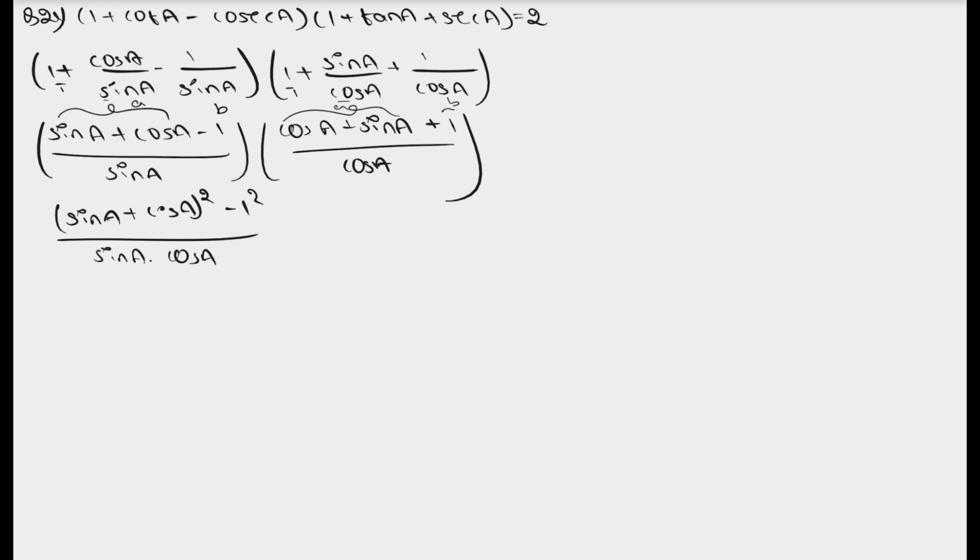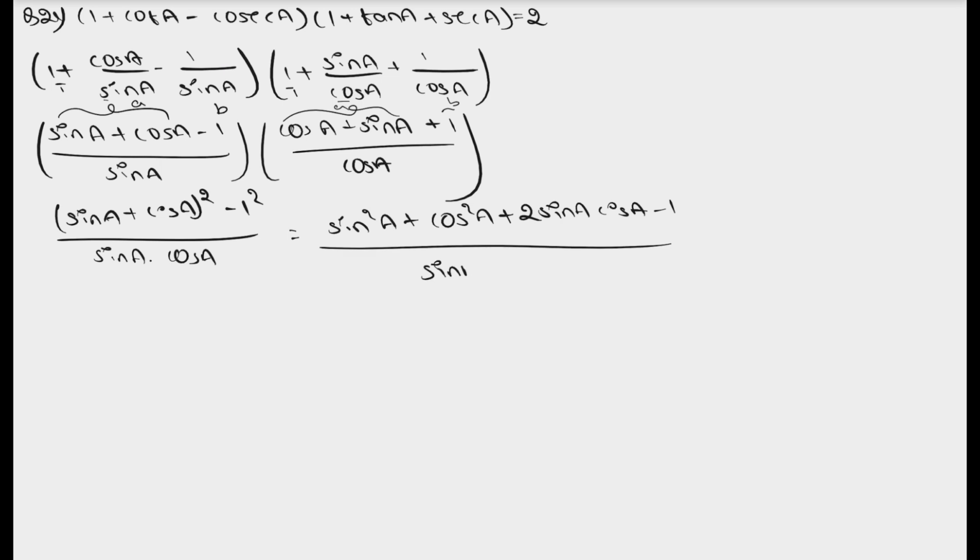Now expand this in the form of A plus B whole square, which is A square plus B square plus 2AB, that is 2 times sin into cos, minus 1 by sin A into cos A. So we know our identity that sin square plus cos square can be written as 1, plus 2 sin A into cos A minus 1 by sin A into cos A. This plus and minus 1 gets cancelled.